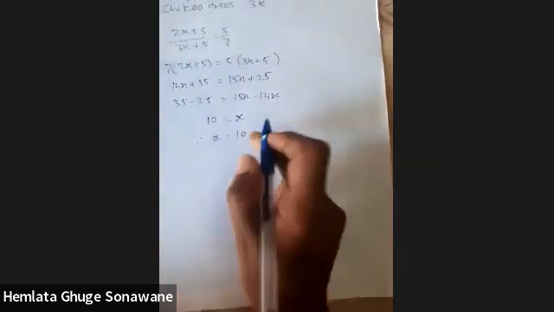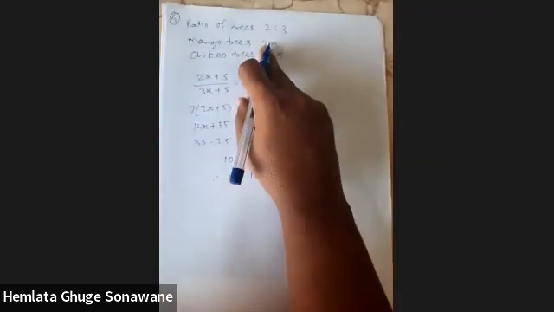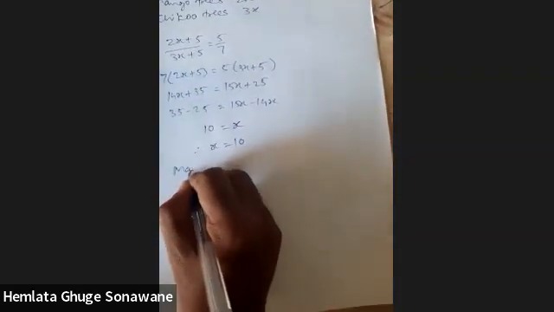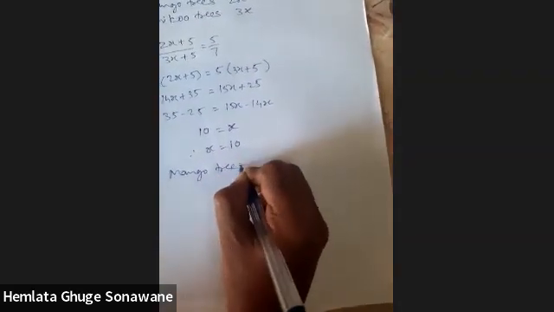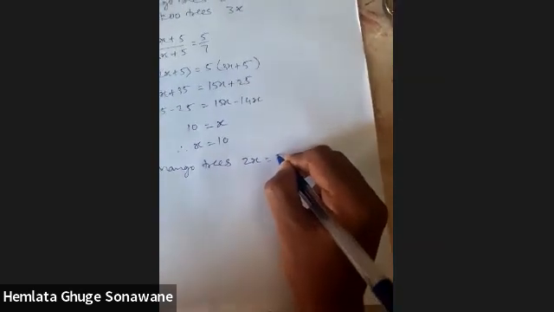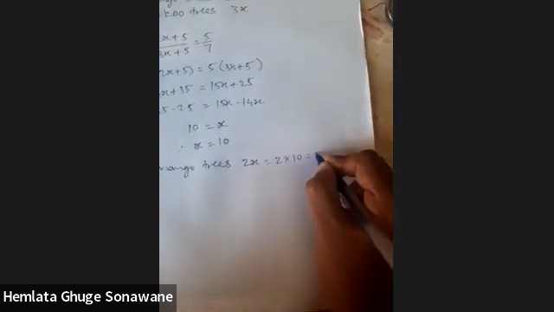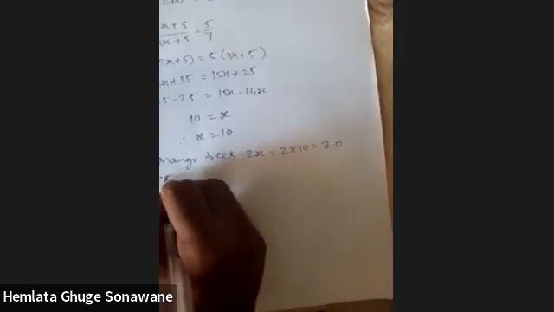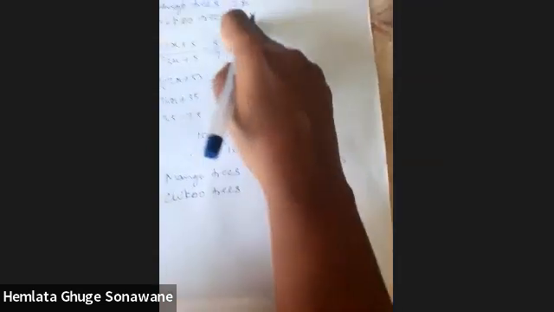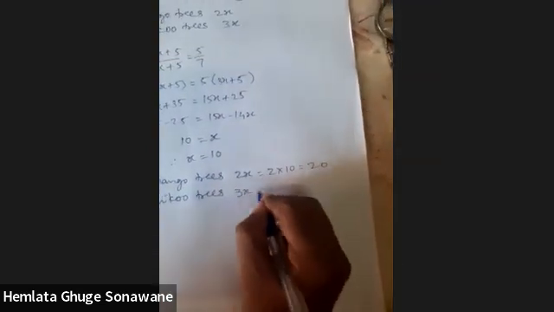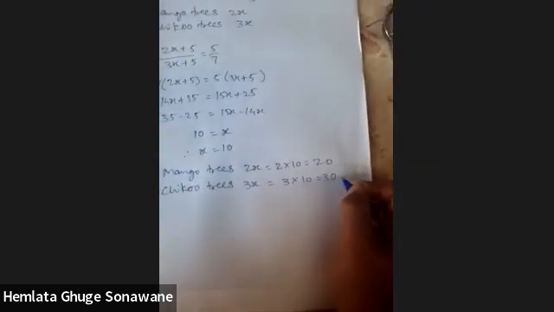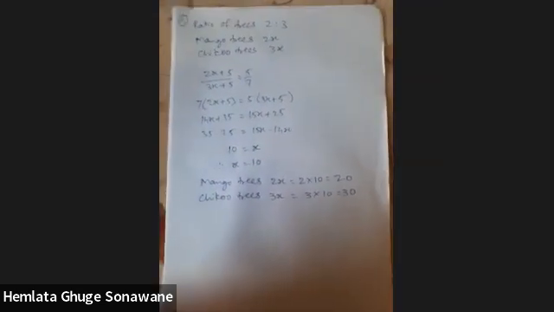Now we'll put this value here so that we get the number of mango trees. Mango trees we considered as 2x, so it becomes 2 into 10, that is 20. And number of chiku trees we considered as 3x, so it becomes 3 into 10, that is 30. This is our final answer.